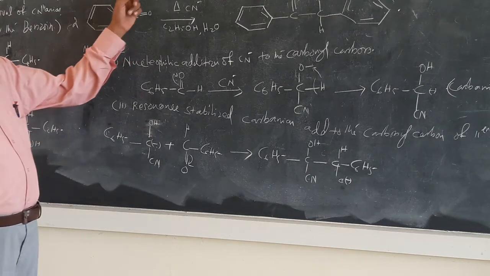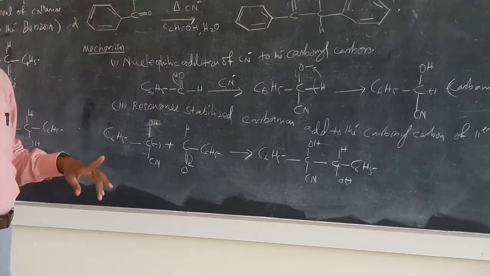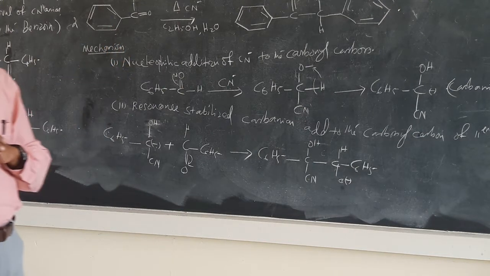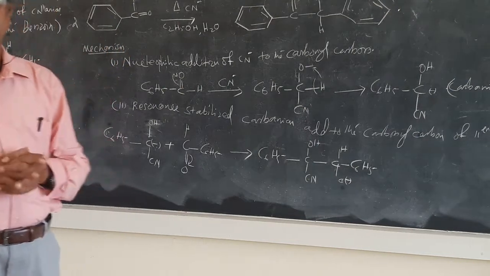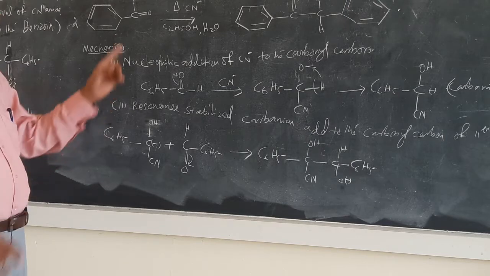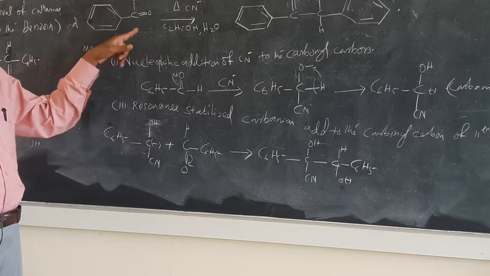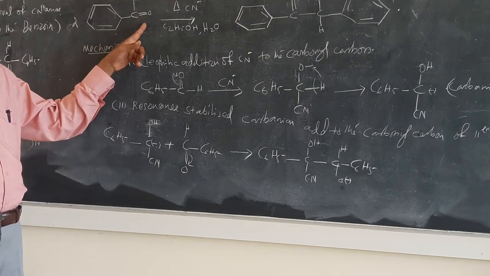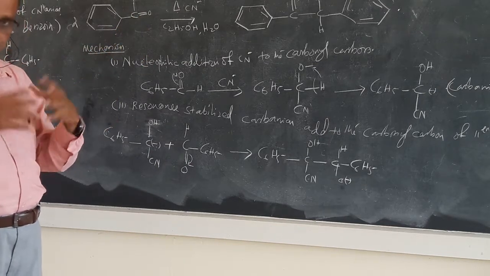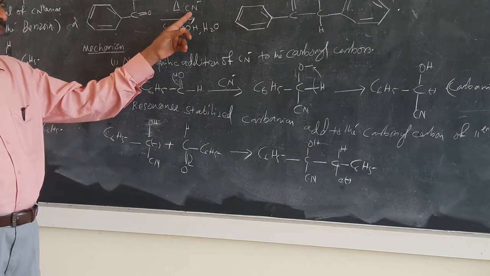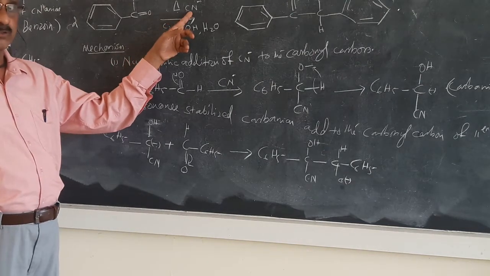So what is meant by benzoin condensation? Benzoin condensation is the condensation of two benzaldehyde molecules. Benzaldehyde, C6H5CHO. Two molecules of benzaldehyde dimerize. Dimer is two molecules combined together, in presence of hydrogen cyanide or potassium cyanide.